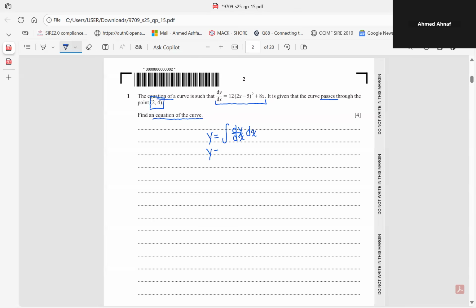So y would just be the integral of 12 times (2x minus 5) squared plus 8x dx.